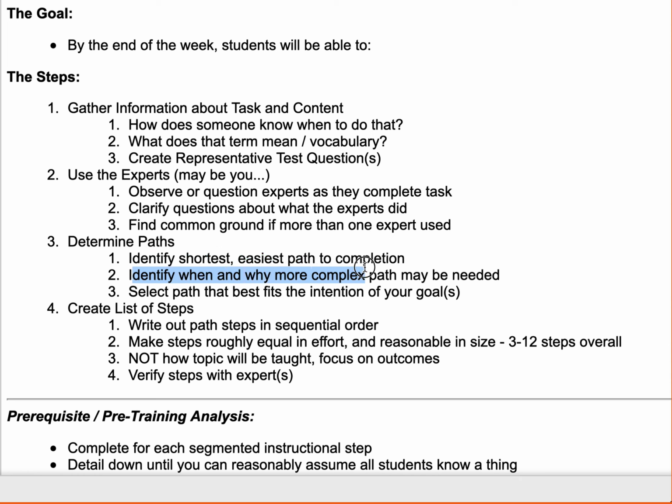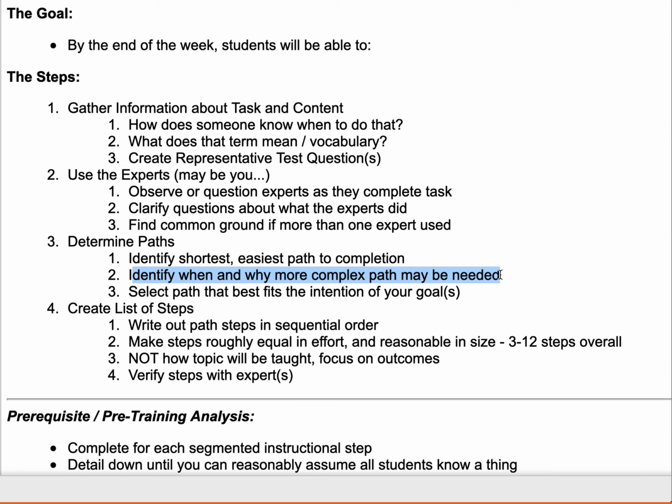But depending on the skill or whatever you're working on, there may be times where a more complex path is needed for particular reasons. And if that might be the case, you want to identify why that might be. Again, I apologize for stretching the analogy, but maybe I don't have an easy pass, or I don't like to pay tolls. So I might have to take a different route to Rochester that may be longer.